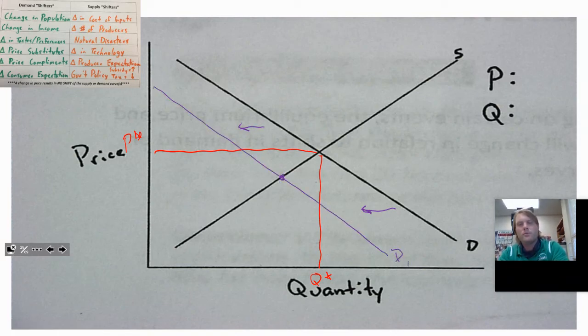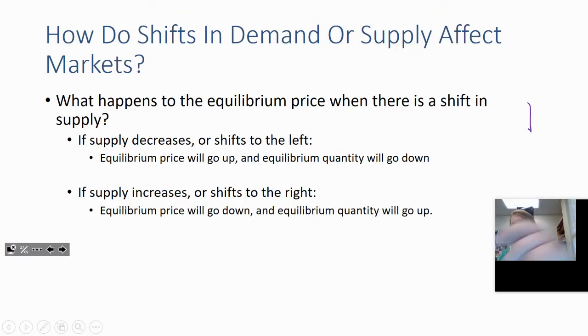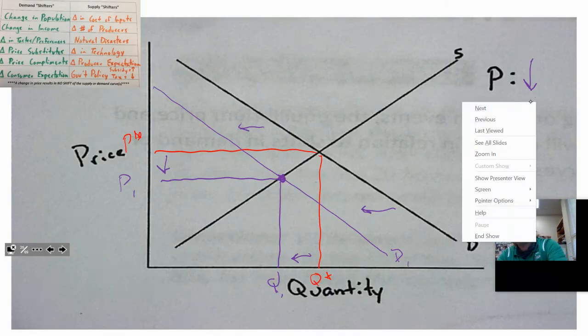We have a new equilibrium price, Q1, P1. All right. And what has our equilibrium price and quantity done? Take a guess real quick before I tell you. Hopefully you're seeing that the price is going down, the quantity is going down, you have a price decrease and a quantity decrease.